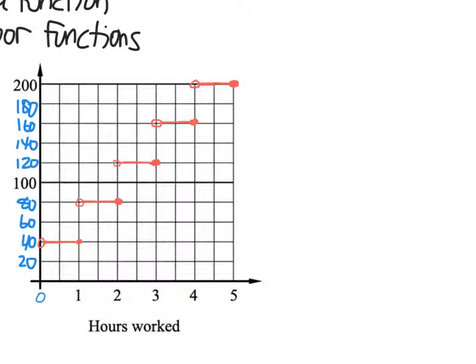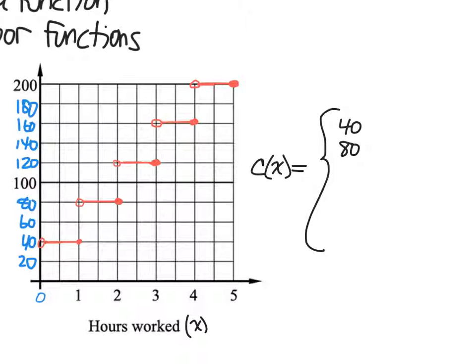So I'll call hours X. But the other variable is C. It says C of X. We'd be looking at 40 as the first price point, then 80, then 120, then 160, and then 200. If.